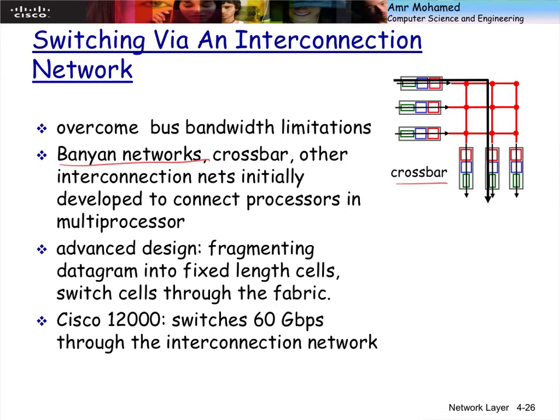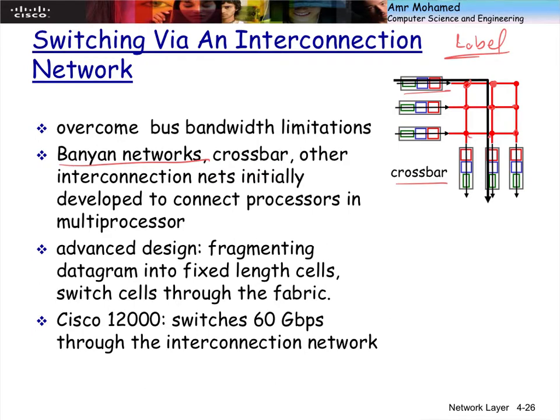So now we control which, first, there are two benefits here. One, we don't have to provide labels with the packet. We can control which input port sends to which output port by controlling these intersection points.